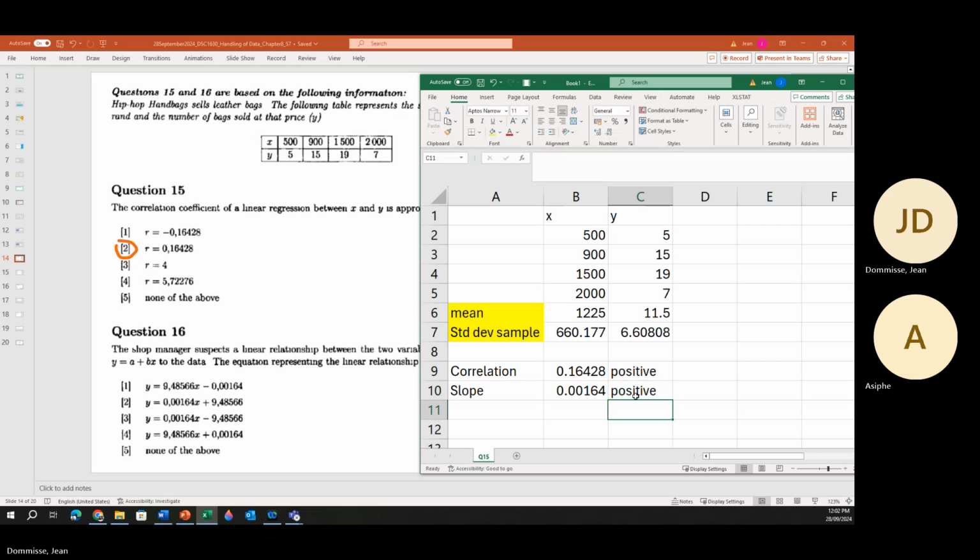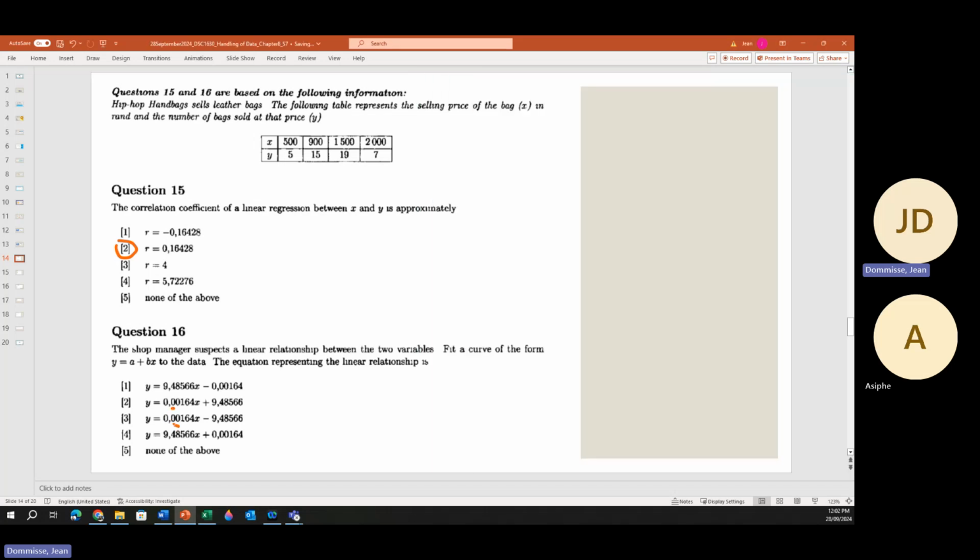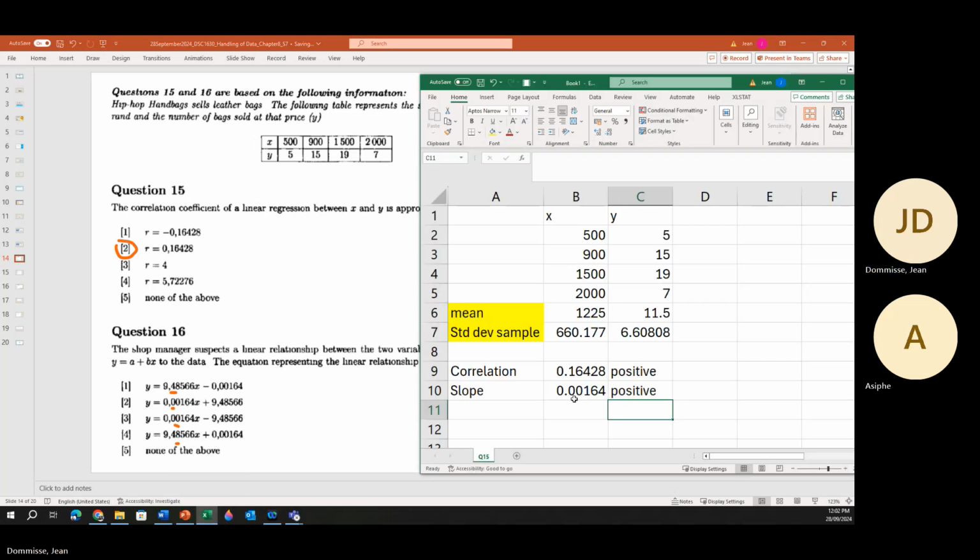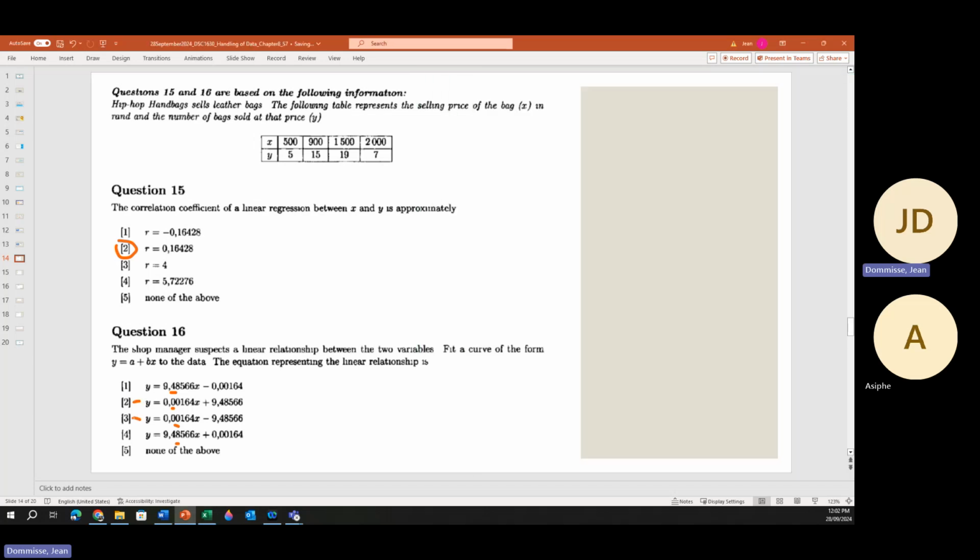By just looking at the correlation that was positive, we could have said, okay, let's go to the next question where we look at this. Slope was positive, slope positive, slope positive, slope positive, so all of them are still correct. Then let's work it out. The slope is 0.00164. So now the options are 2 or 3.